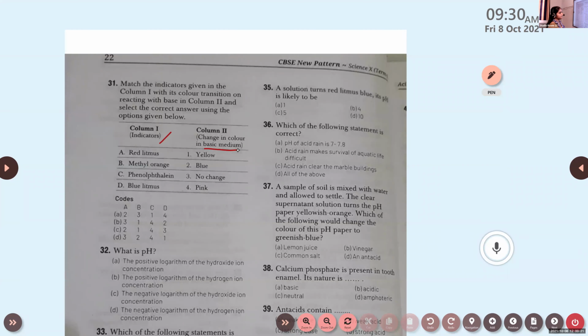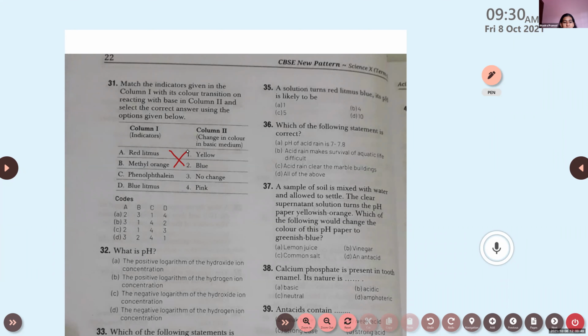Okay, here indicators are given and here change in color in basic medium. Clear? So you can tell me, Ashik, first one, red litmus. Blue. Okay, red litmus, blue. Then Melvin, what about methyl orange? Yellow. Very good. Badra, what about phenolphthalein?